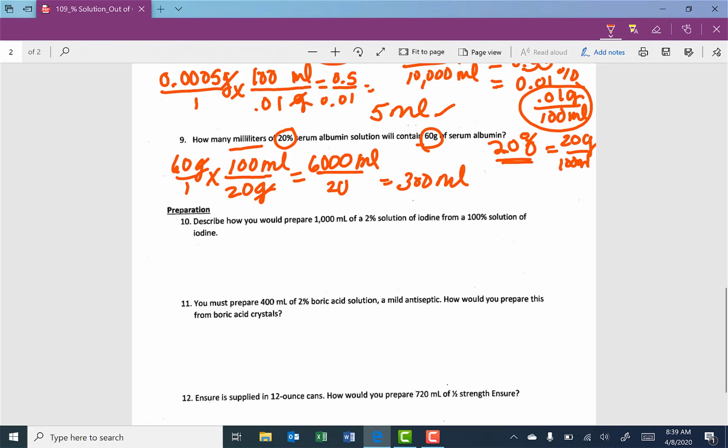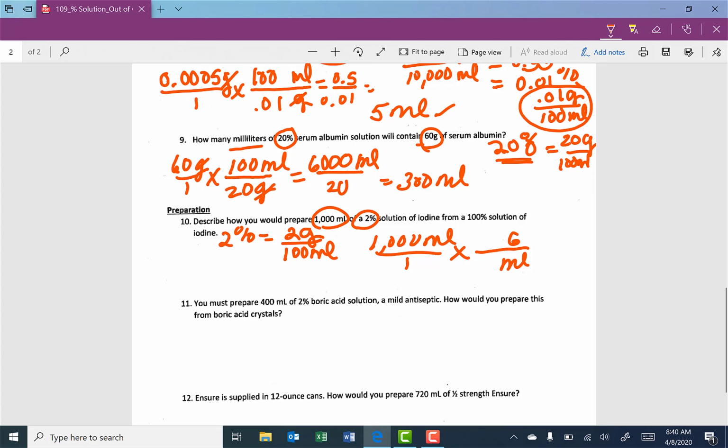Describe how you would prepare 1,000 milliliters of a 2% solution of iodine from a 100% solution of iodine. Okay, we have a 2% solution. 2% solution means we have what? 2 grams over 100 milliliters. And we're given 1,000 milliliters right here over 1 times, line up your units using your percent strength, milliliters, grams.